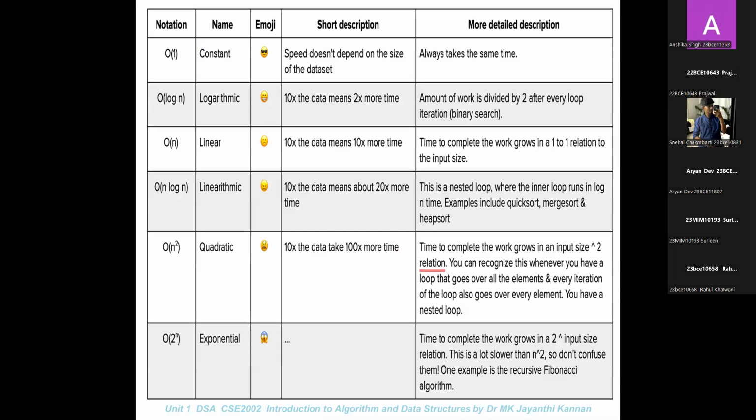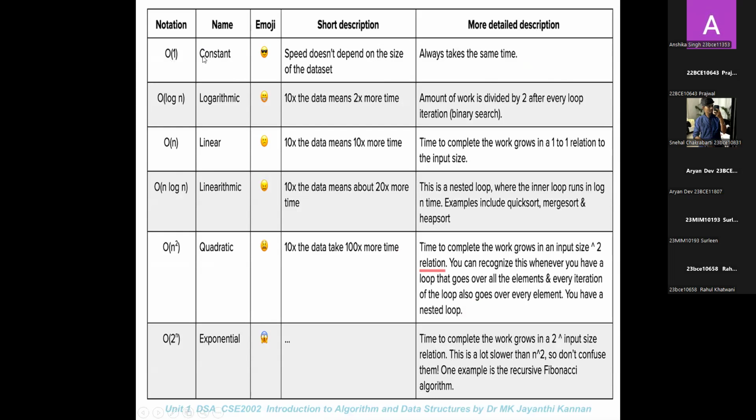Anyhow, while discussing the logic and algorithm, the remaining topics about merge sort, shell sort, all those things, you can easily understand. So the notation and the name: order of one means it is constant, irrespective of the increase in number of inputs.